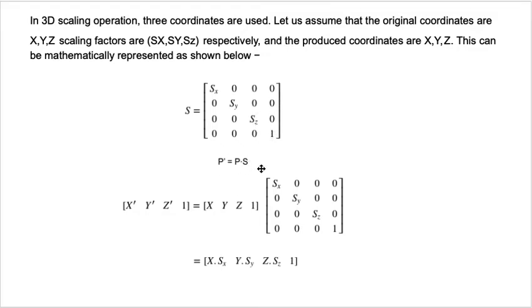We know that P dash equals P into S, where S is the scaling factors. So P dash is x dash, y dash, z dash, 1, which equals P, that is x, y, z, 1, times S, the scaling matrix. So we get the result x·sx, y·sy, z·sz, and 1. This is the 3D scaling operation.